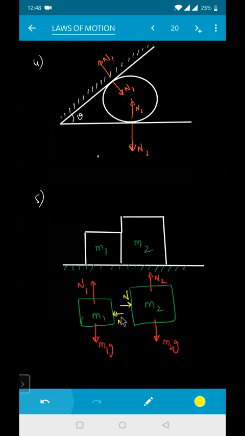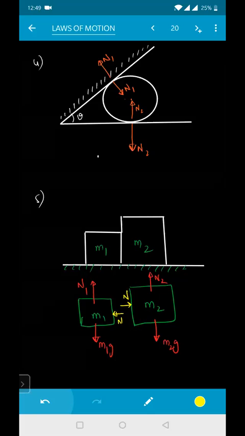So this will be equal to your N. Equal and opposite forces are acting on this given body. So M1 will exert the force on M2. This is N. M2 will also exert the same amount of force on your M1. If these are the same, then only they will always be in contact with respect to each other. Is it clear? Is it clear? I hope you got an idea how to draw the FBD, everyone.